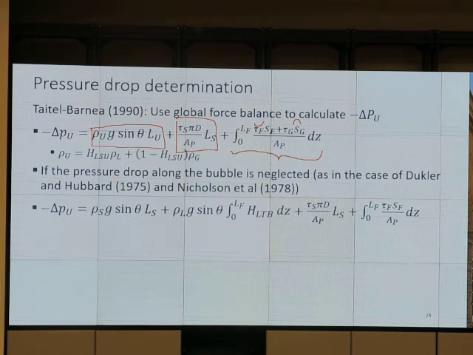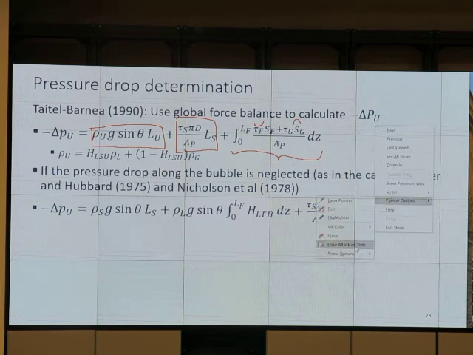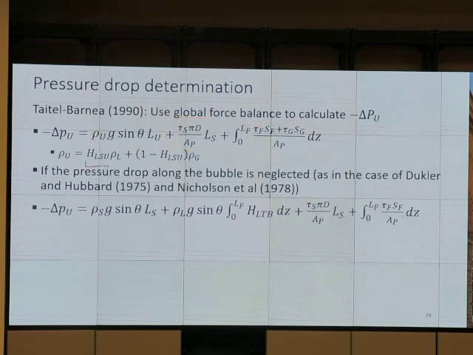On their reason, rho U is a weighted average based on holdup of the total slug unit liquid holdup. If we neglect the pressure drop along the bubble, as Dukler and Hubbard neglect that, then LU doesn't have the part that is a film.